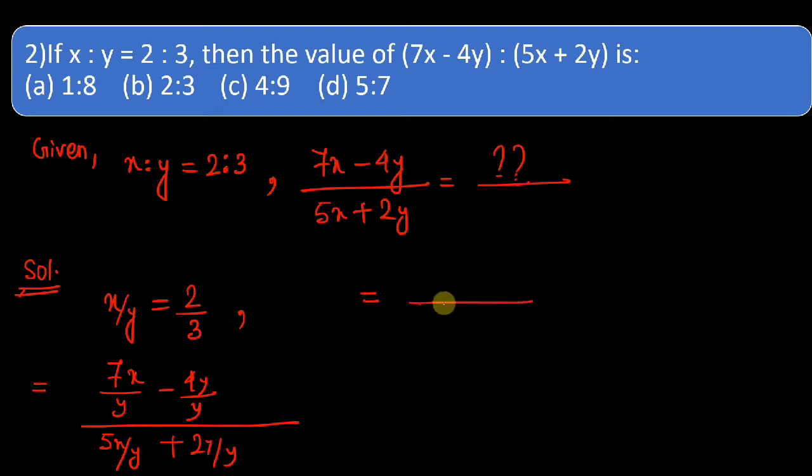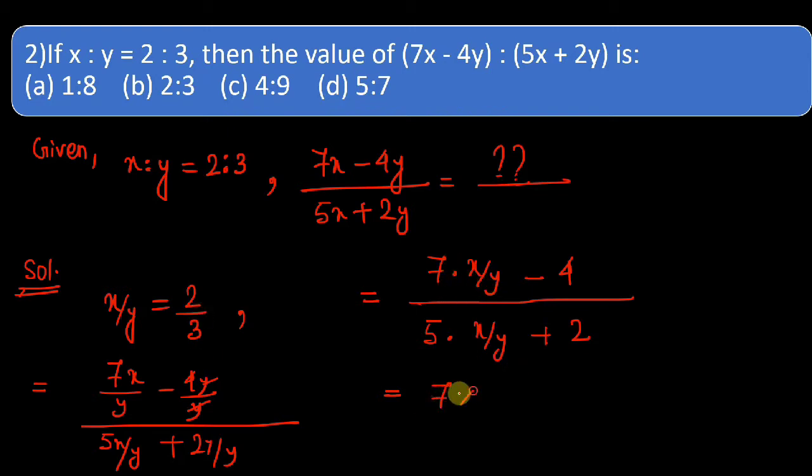Next step, we get in the numerator 7x by y minus 4, because this y and this y get cancelled, and in the same manner we get 5x by y plus 2. We know the value, so we substitute x by y as 2 by 3 in the given expression.